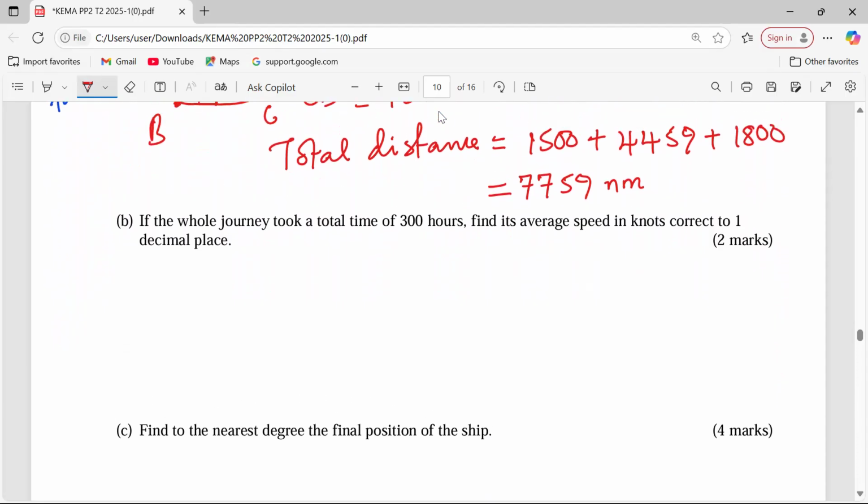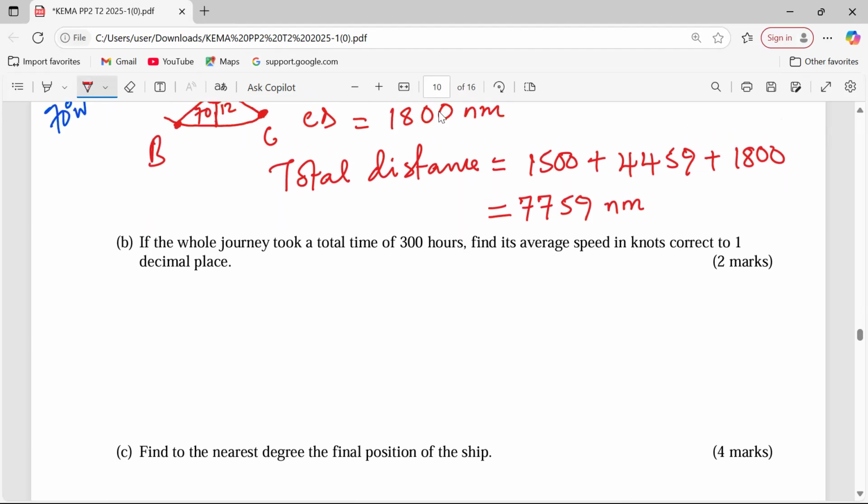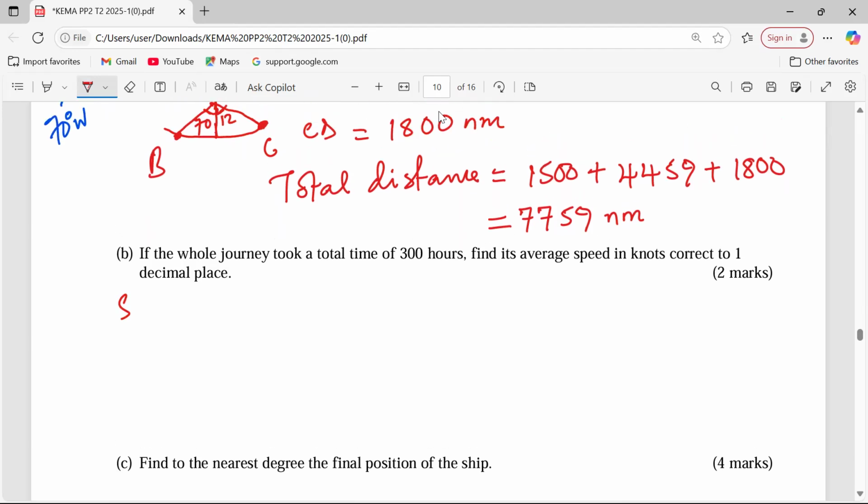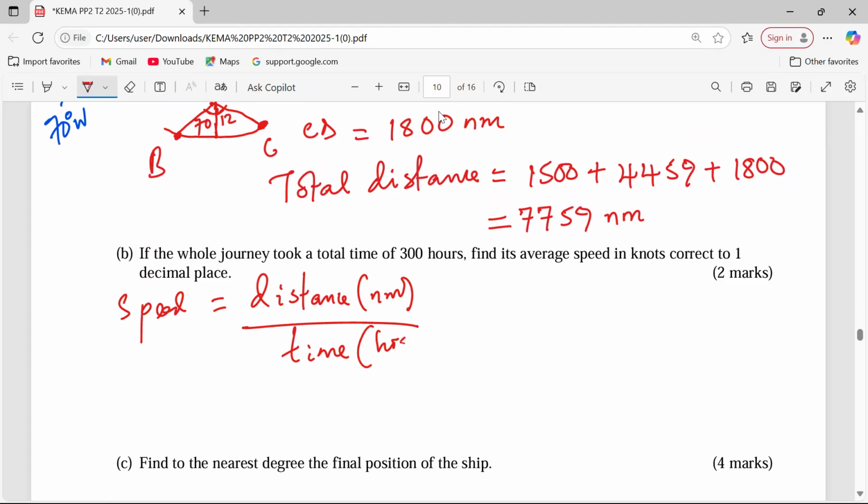If the whole journey took a total time of 300 hours, find its average speed in knots to the nearest one decimal place. So speed in knots is given by distance, which must be in nautical miles, divided by time, which must be in hours.